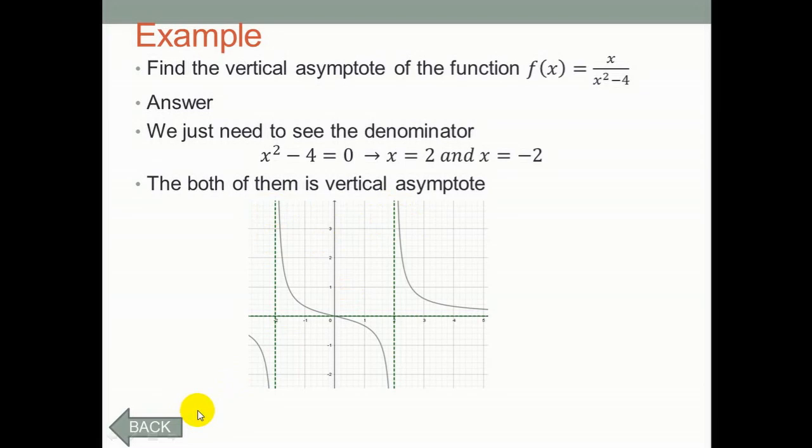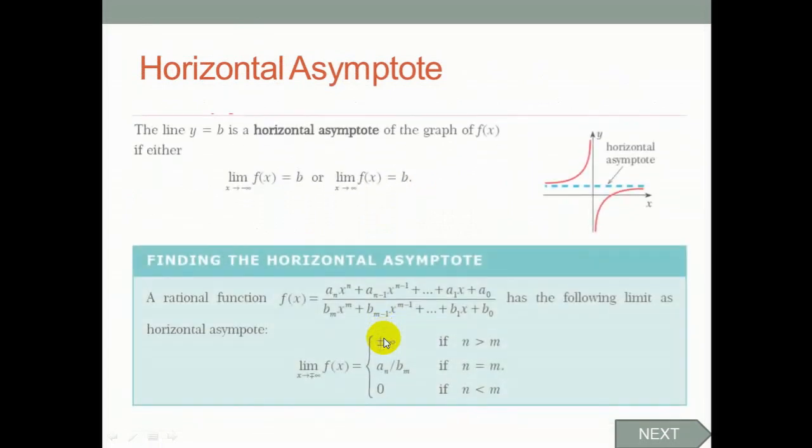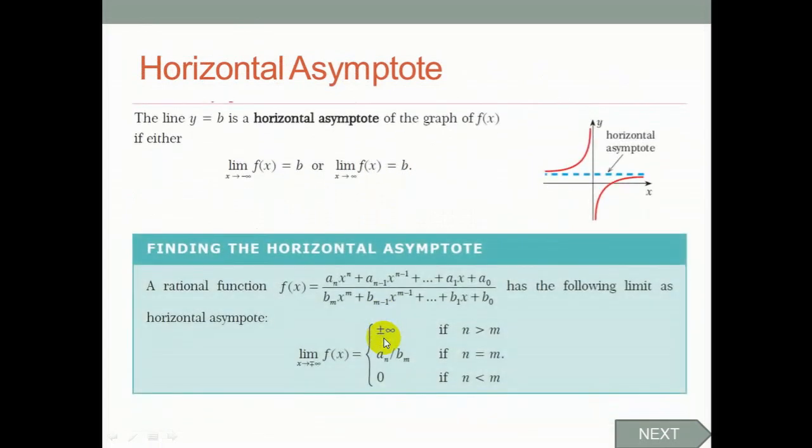Okay, now we will talk about the horizontal asymptote. The rule is similar to the vertical one, but here for the rational function we use limits, divided into 3 cases. First, if the degree of the numerator is more than the denominator, the result will be plus or minus infinity.